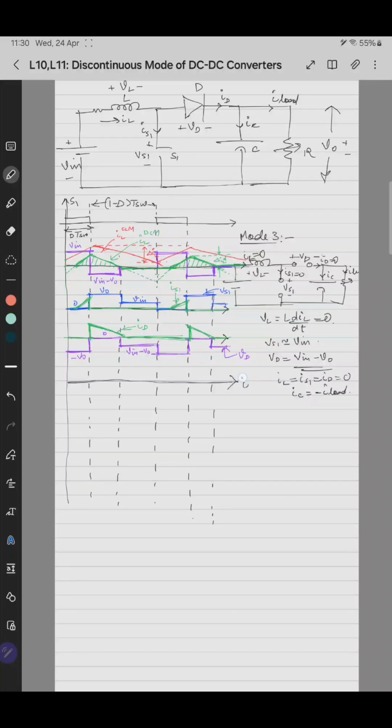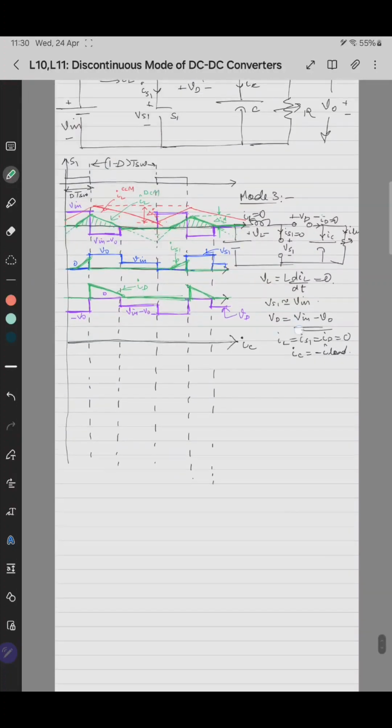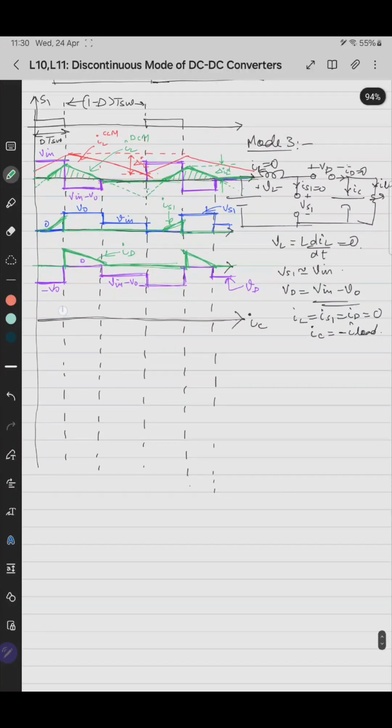So the waveform of IC becomes this, with 0 average value. This is IC.